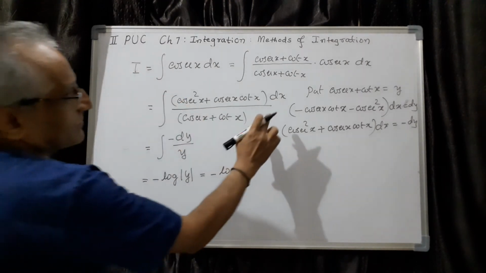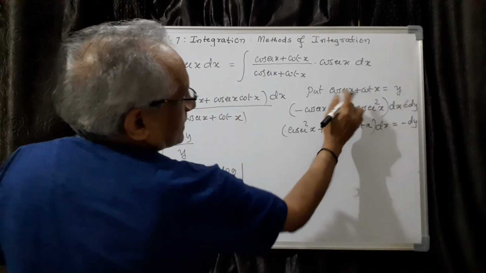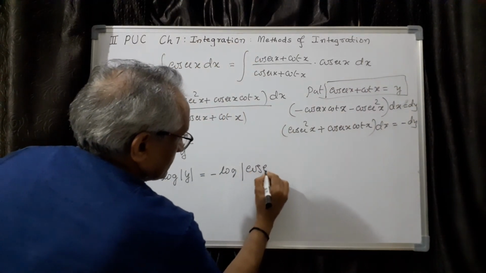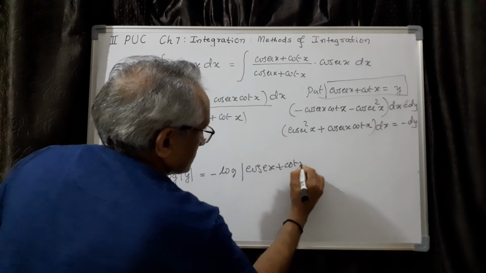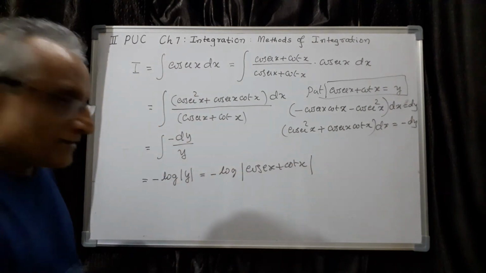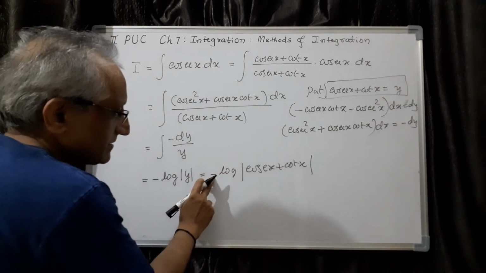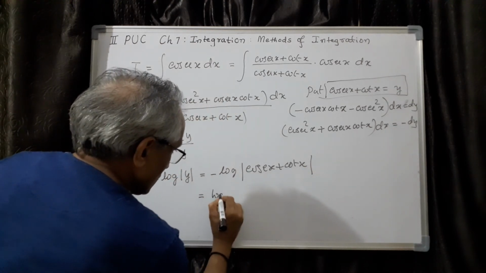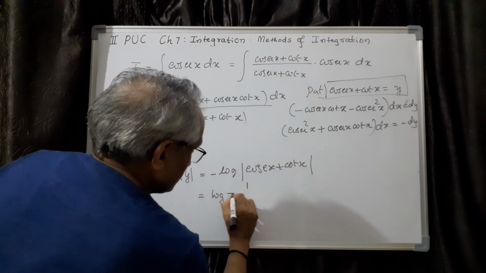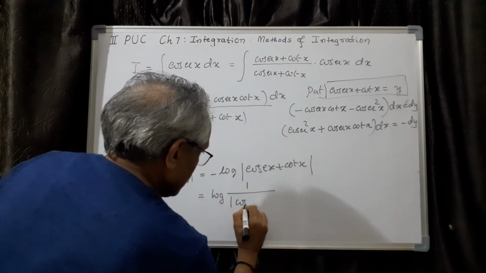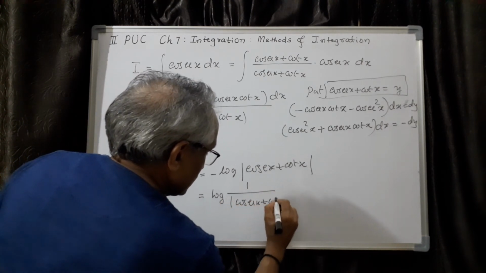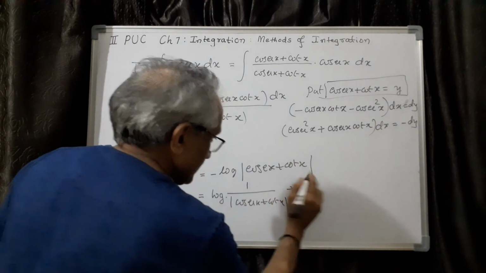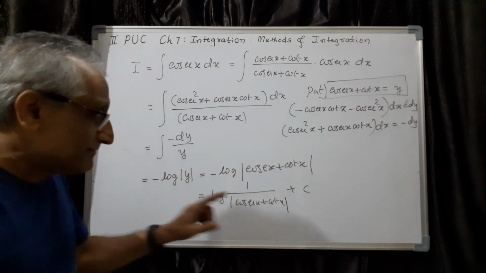Y is cosecant x plus cot x. But here once again we don't want a minus sign. Therefore I can write this as log of 1 by cosecant x plus cot x, then plus c. Actually this is the formula, but this can be written differently.